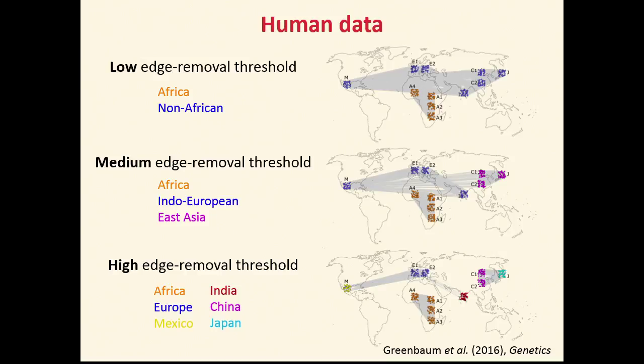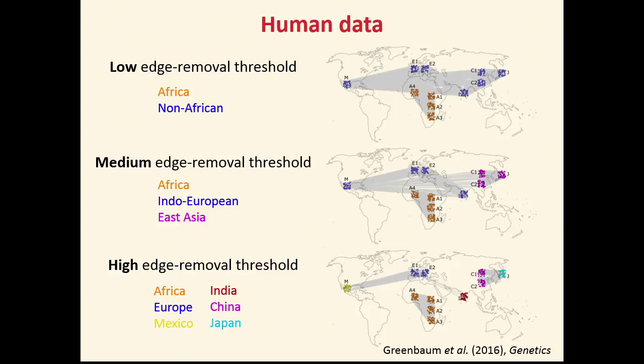And with the highest threshold, we get 6 communities just from the genetic information corresponding to Africa, Europe, Mexico, India, China, and Japan. So we can see that we can uncover the known human population structure just based on the genetic information. And we also get the different levels of hierarchy, which of course correspond to the major migration events in human history.